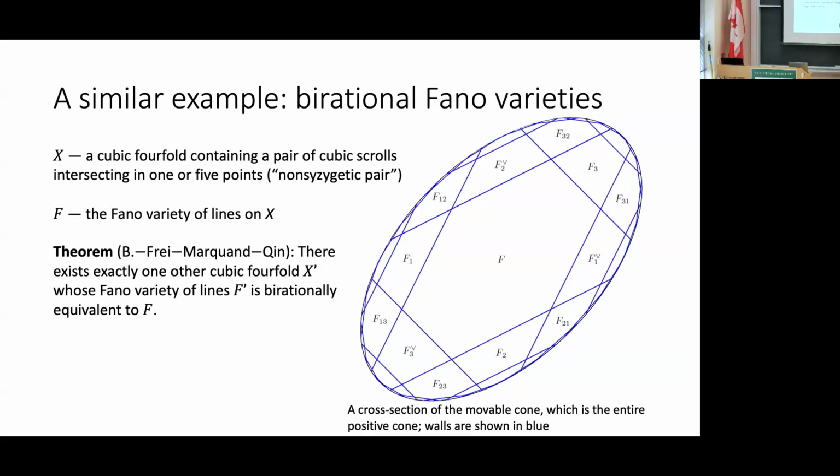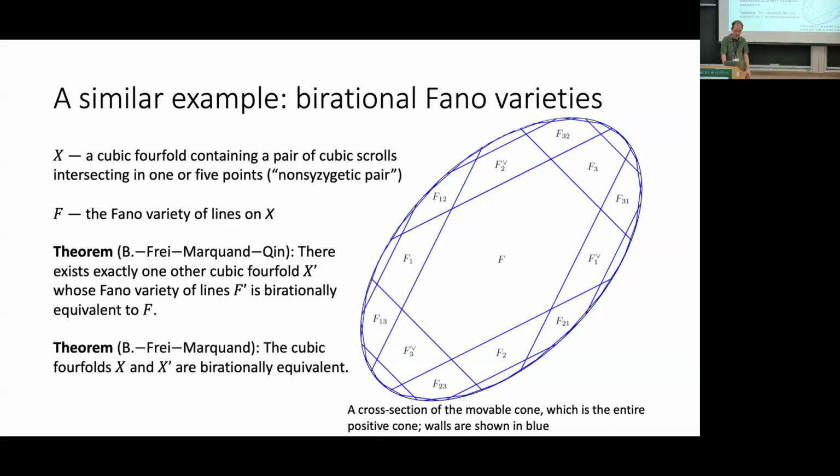And we just found, so here's the Fano variety of lines. We found some other chamber that corresponded also to the Fano variety of lines on some other cubic fourfold. And these two Fano varieties are birational, but not isomorphic. So in particular, the cubic fourfold that has this Fano variety of lines can't possibly be isomorphic to X.